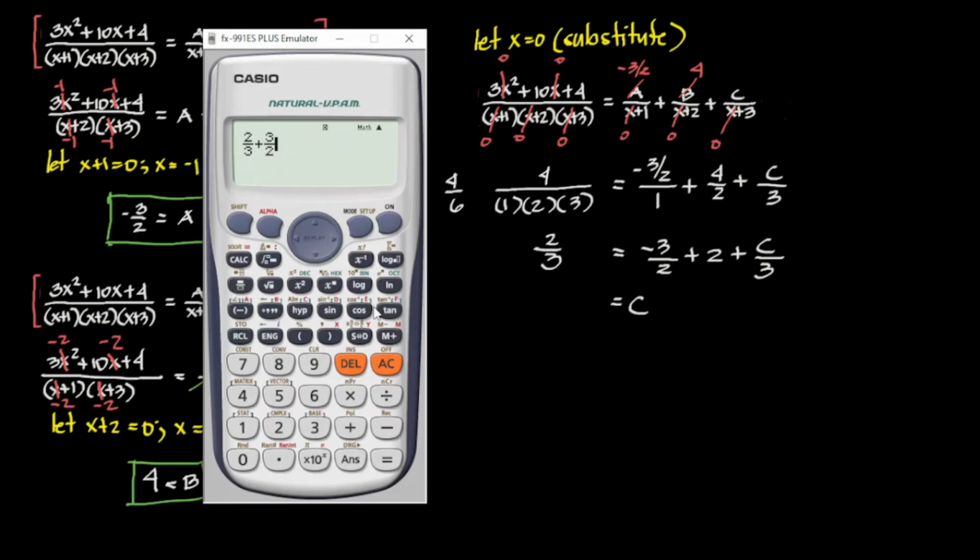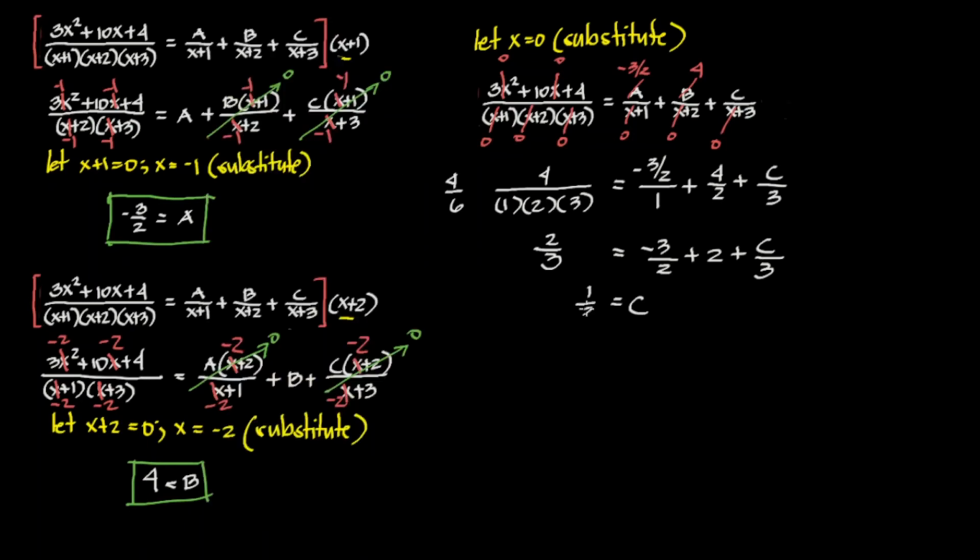Ito naman si 2, so minus 2. Ayan, tapos multiply natin by 3. Ayan, so ibig sabihin ang value ng letter C is 1 over 2. Ayan, so we have now the value of A, B, and C.